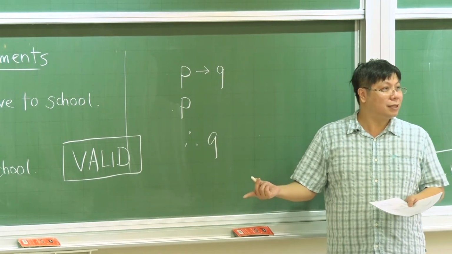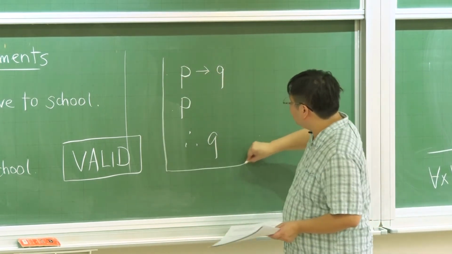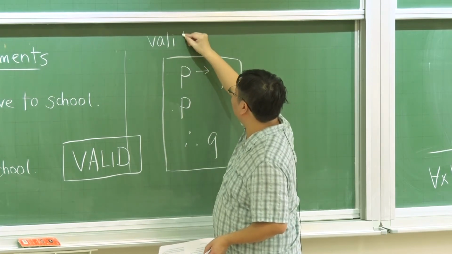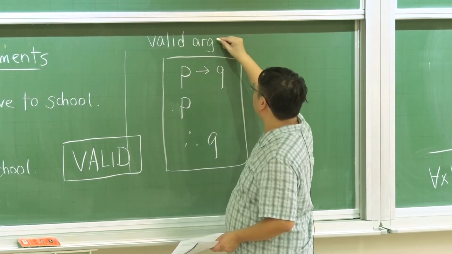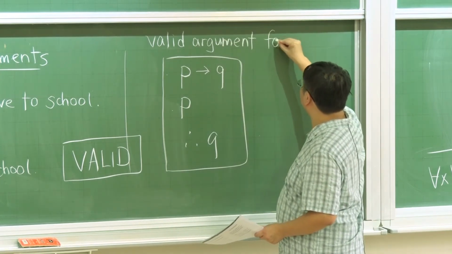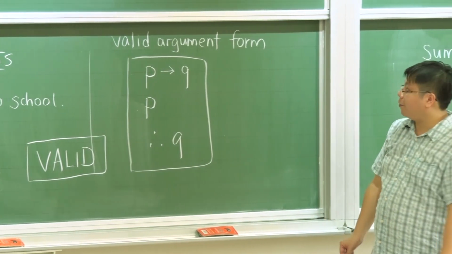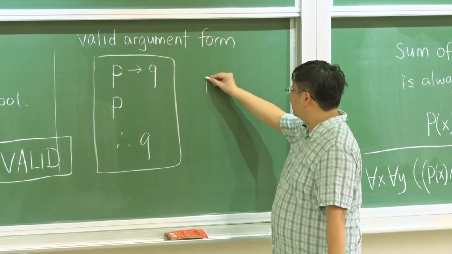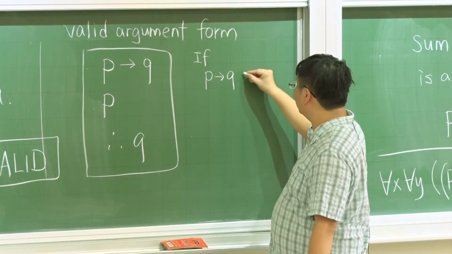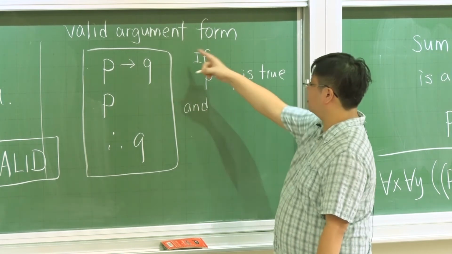Is that okay? Today we are going to look at a lot of different forms, and this is one of the many valid argument forms. For a form to be valid, if the premises are all true, the conclusion must be true. Why is this one valid?